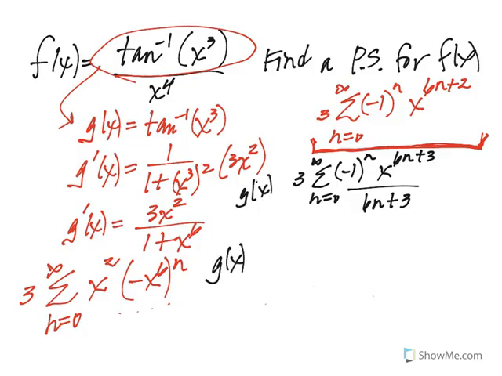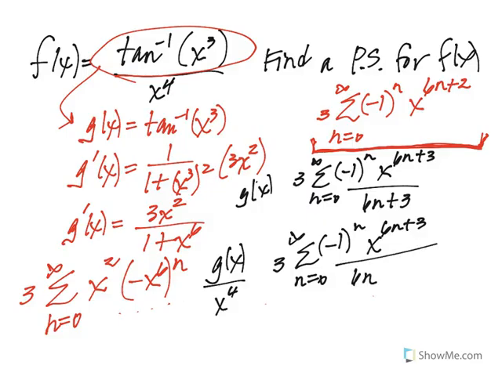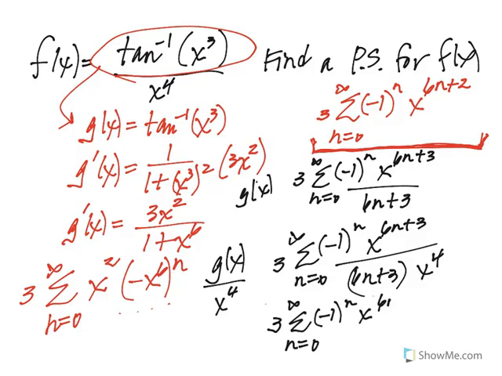What I'm looking for then is g of x over x to the 4th, which gives me 3 times the sum from n equals 0 to infinity, negative 1 to the n, x to the 6n plus 3, all over 6n plus 3 times x to the 4th, which simplifies to 3 times the sum from n equals 0 to infinity, negative 1 to the n, x to the 6n minus 1, all over 6n plus 3.